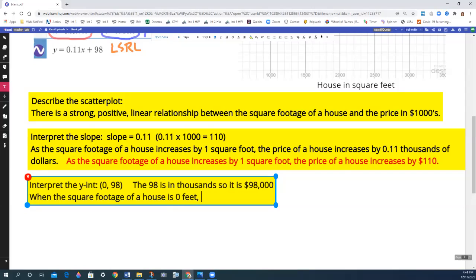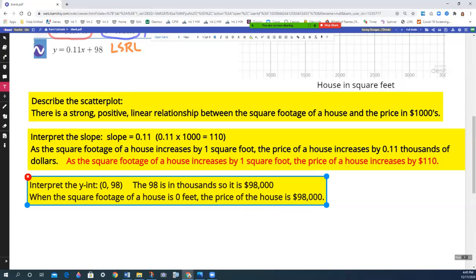But that's what this y-intercept is, and we write it as is. Okay, so when the square footage of a house is 0 feet, the price of the house is 98, but again, remember, this is in thousands, so it's really $98,000. Okay, so you want to be very specific with that.